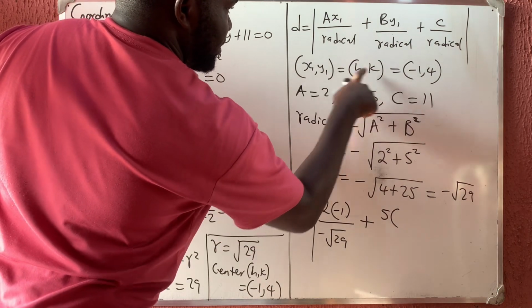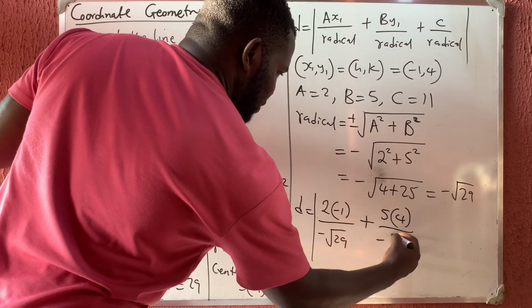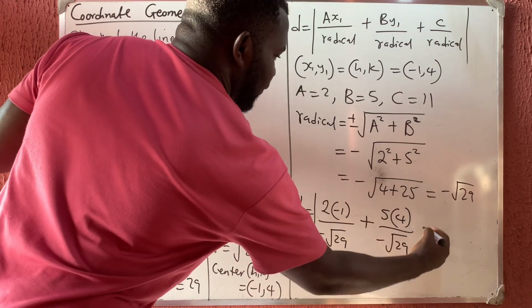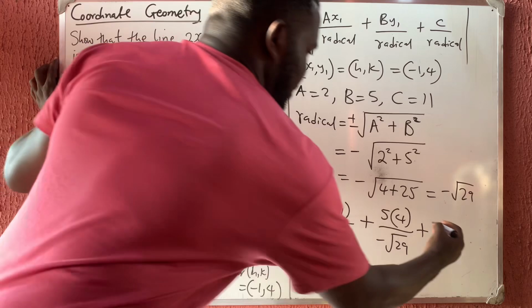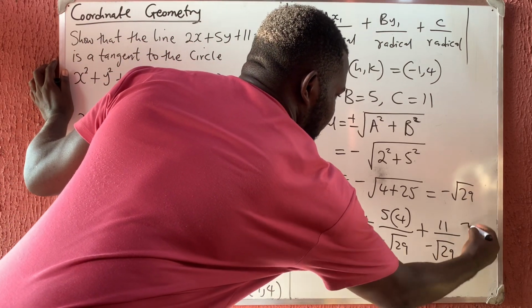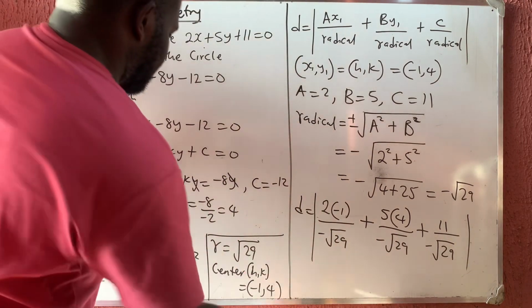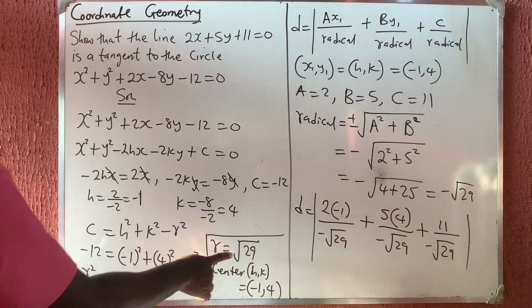So I have 4, all over minus the square root of 29, then plus my c, which is 11, over minus the square root of 29. You close the absolute value.